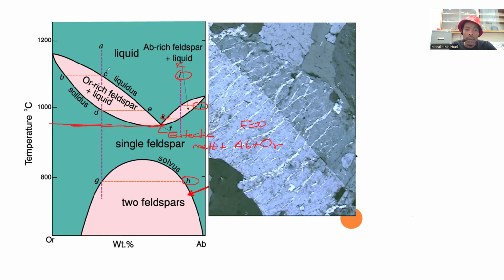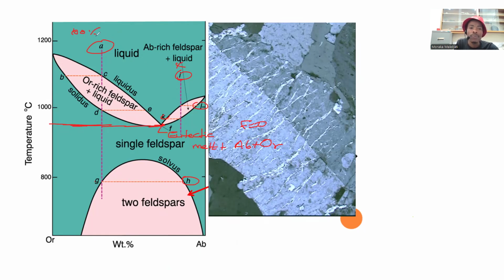So path A, that's wherein the melt is 100% liquid, with a composition that is rich in orthoclase. Why is it rich in orthoclase? Because it's towards the left-hand side where orthoclase is.